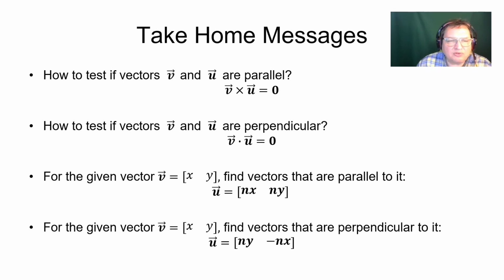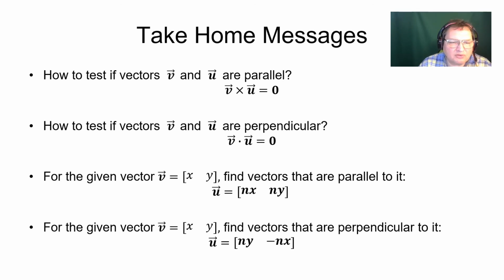If you have a given vector with coordinates x, y, and need to find a vector which is parallel to it, anything that fits the pattern nx, ny will be parallel. So basically you have to multiply both x and y by the same number.